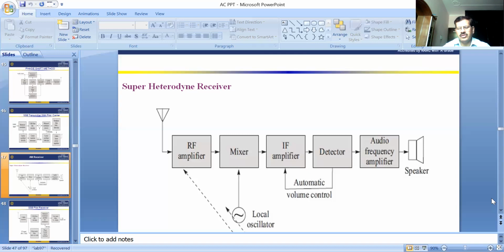The speaker is the load here, and we receive the original signal transmitted by the transmitter using a different modulation technique. Finally we receive the original audio signal, baseband signal, or modulating signal. So this is the output stage of the superheterodyne receiver, where the output is received.